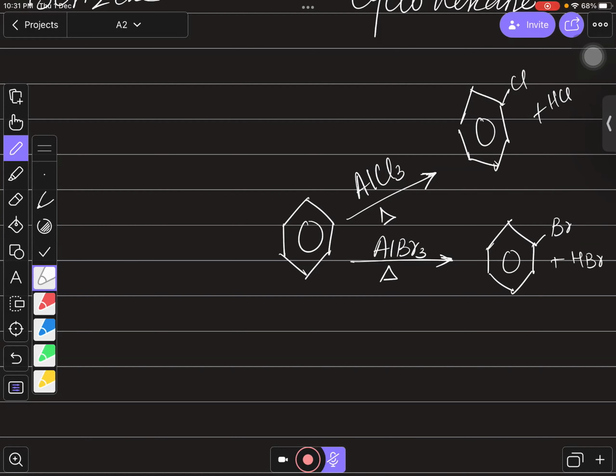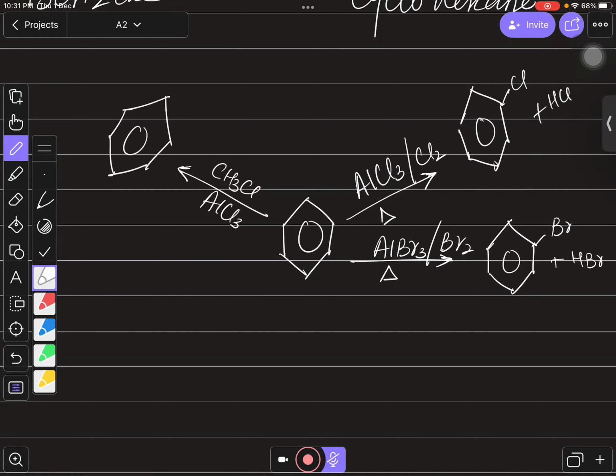And we know that if you want to substitute CH3 or any radical, we must use this, right? Along with AlCl3. And over here, we need to use chlorine gas. And over here, bromine gas, right? You will find that you will have CH3 functional group substituting over there, right?